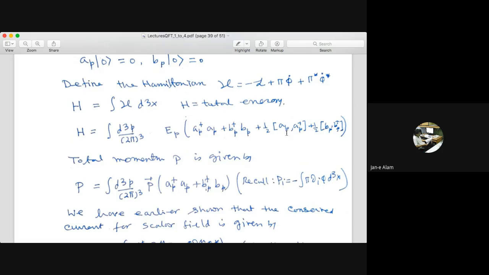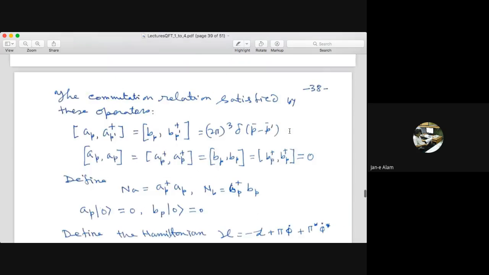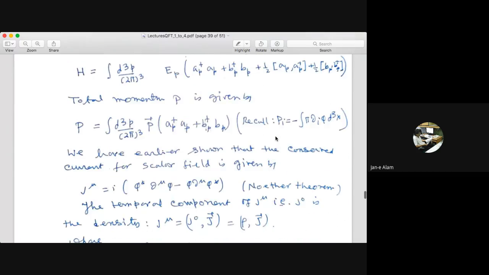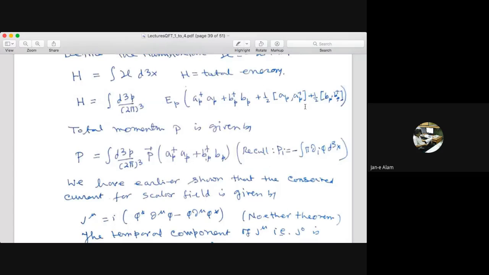And there are two commutators, like A_p A_p dagger and B_p B_p dagger. Again, please note that these commutators will give rise to a Dirac delta function with zero argument, because if p becomes equal to p prime, then it is delta of 0, which will diverge. So there are two divergent quantities, and that is not surprising, though it is disturbing.